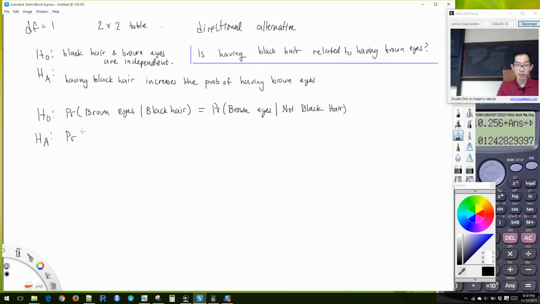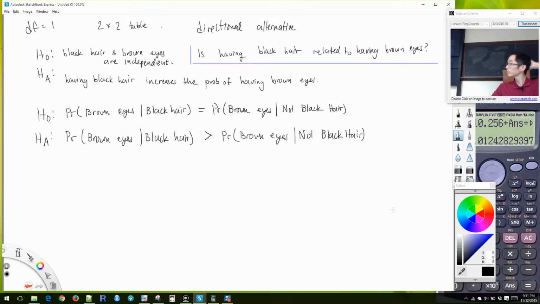And then the alternative would be the probability of brown eyes given black hair is greater than the probability of brown eyes given not black hair. And then the test would be carried out the same way as before.